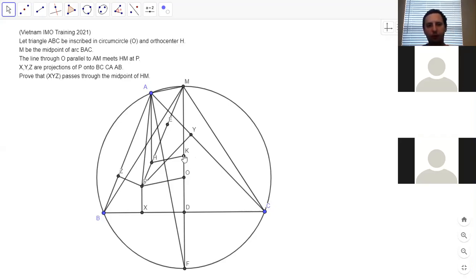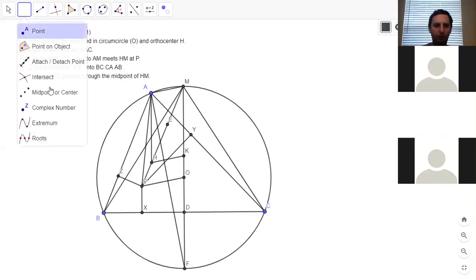So I guess once we show that P and K are isogonal conjugates, then it would make this a little easier. Because then we could draw the perpendiculars from K to AB and AC, and then we want to show that circle passes through point E. E is defined as the midpoint of HM.